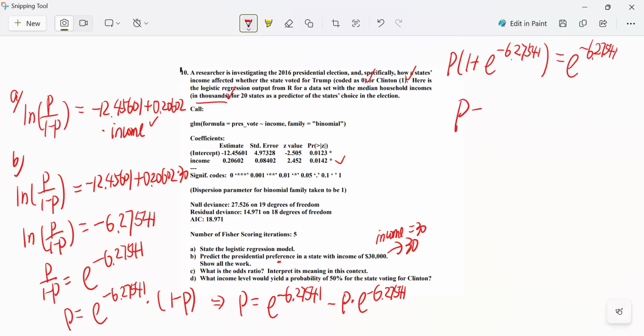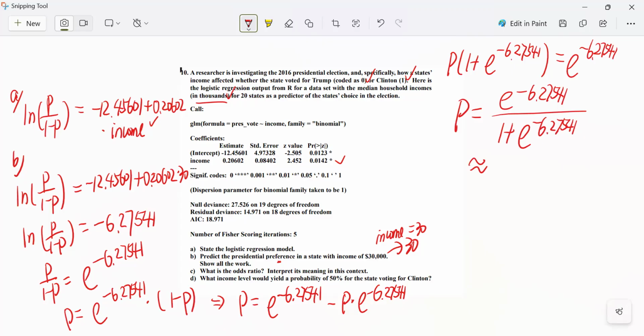And the probability value P is going to be e to the minus 6.2751 over 1 plus e to the minus 6.2751. Now we're going to find out the probability of voting for Clinton.